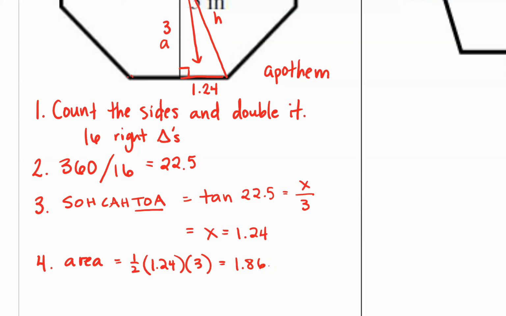And then times how many triangles? Area times 16 would be 29.8 inches squared, because again, this is an area measure and we were in inches. And that's how you would find the area of this regular polygon.